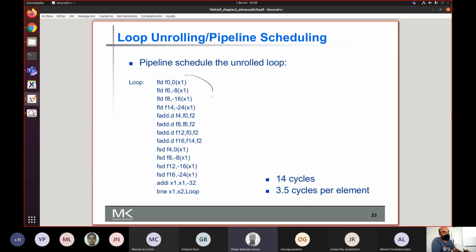Normally, the compiler is going to do this by itself, without you requiring it. But I don't know if you studied in HPC tools that there are special pragmas to force a compiler to do loop unrolling. Did you study that?